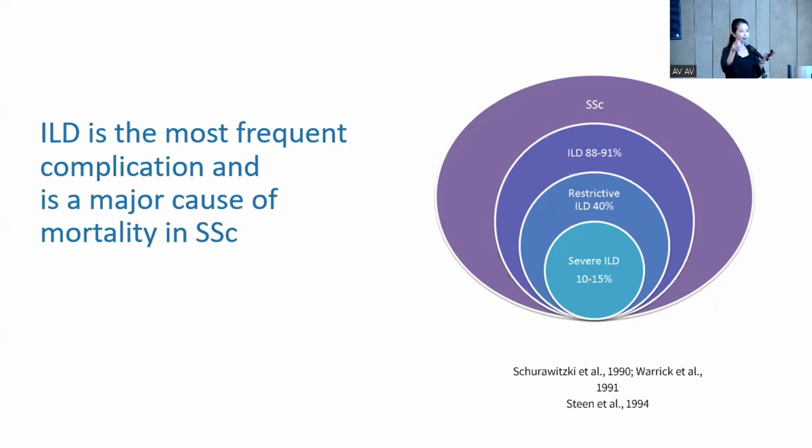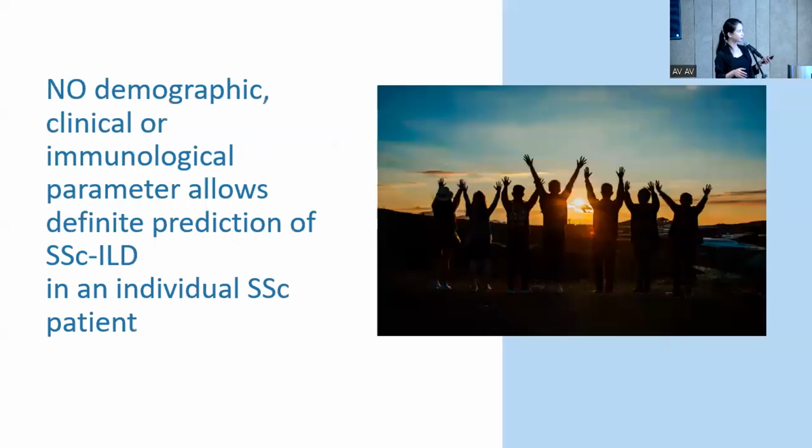If we use lung function tests, almost all patients will have abnormal results. If you're looking at CT scans, around 2/3 of them will have an abnormal CT scan, but probably clinically significant disease, that means significant enough to cause symptoms and significant enough for us to treat, is about 50% of these patients.